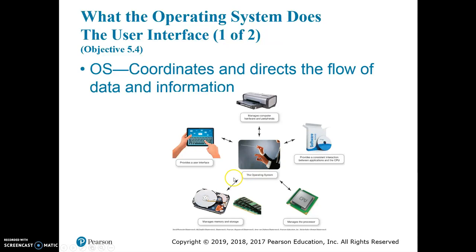It's managing memory and storage. It's managing the processor. It's providing consistent interaction between applications and the CPU. And then finally, it's managing computer hardware and peripherals. So it's doing a tremendous amount of work. If you don't have an operating system, you're not going to be able to interact with your machine.